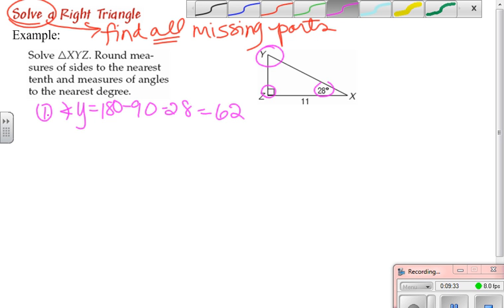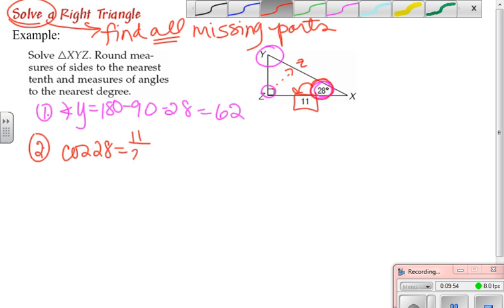Then, based on the given information of these two right here, 11 happens to be the adjacent side, I'll go ahead and find little z, and so that will be that the cosine of 28 will be equal to 11 over z. 28 isn't one of our nice, neat, tidy numbers.